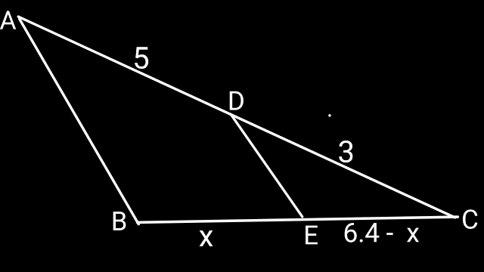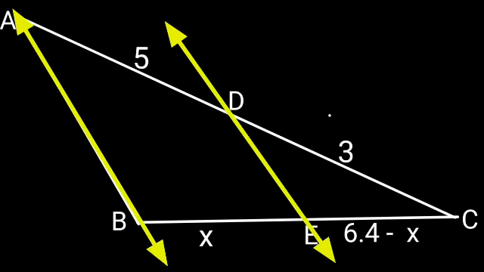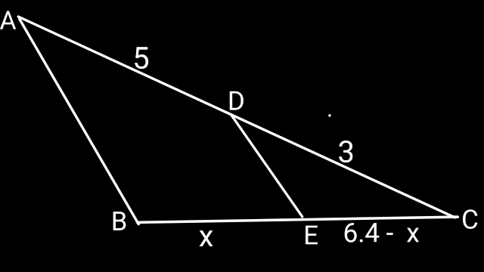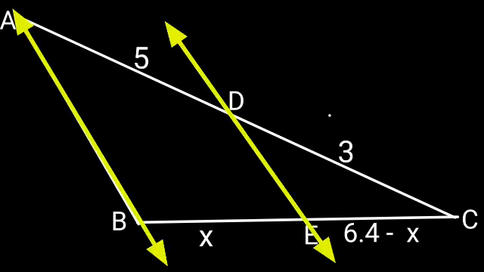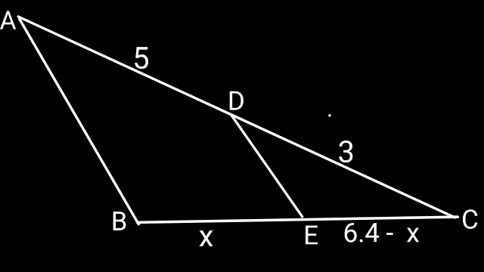In triangle ABC, segment DE is parallel to the side AB.